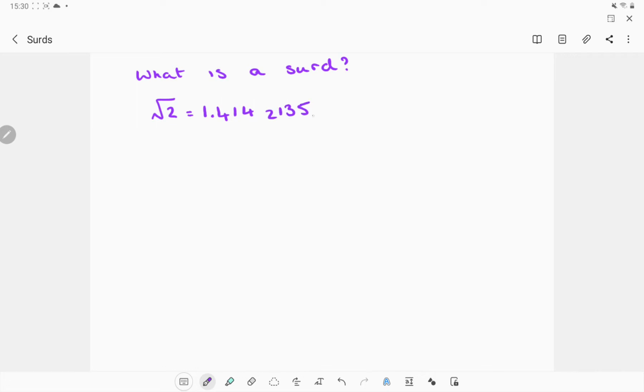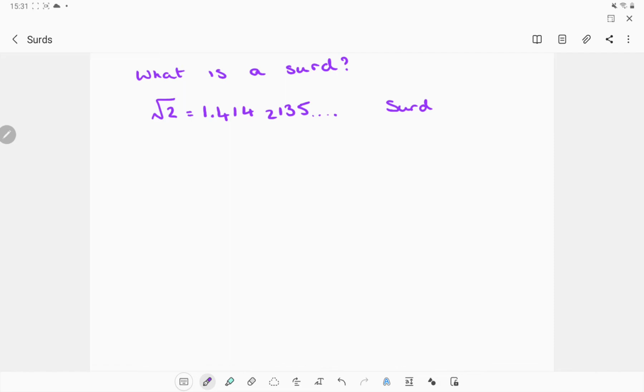And this would go on and on and on, and it would never repeat. And that's a very key aspect of a surd. It's a number that goes on and on and on, doesn't repeat. So, square root of 2 is a surd.